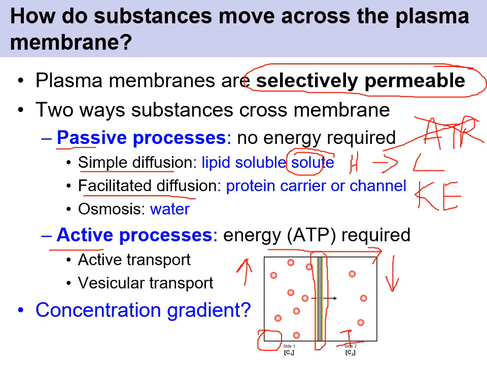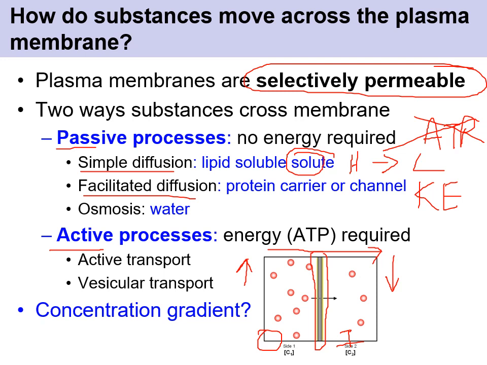Facilitated diffusion means that there's usually a channel or a pathway or a carrier that has to be utilized. So once again, the solute or the particle in facilitated diffusion will still move from a high to a low concentration, but it doesn't naturally fit through the plasma membrane, so it will need to utilize an additional protein or carrier to make it through. And on the next slide, I'll have some illustrated examples for you.